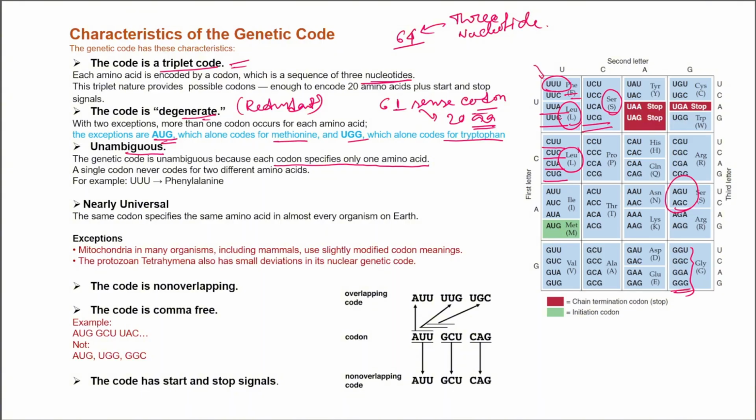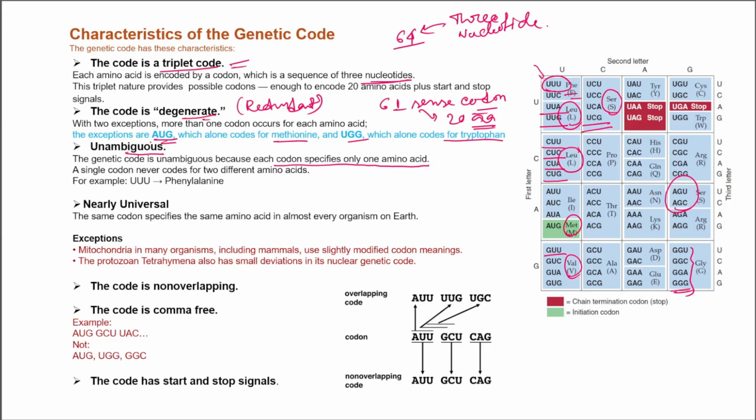UUU never codes for both phenylalanine and leucine. Only phenylalanine, even though one amino acid can have multiple codons. Here GUU only codes for valine, never methionine. So one codon only specifies one amino acid.